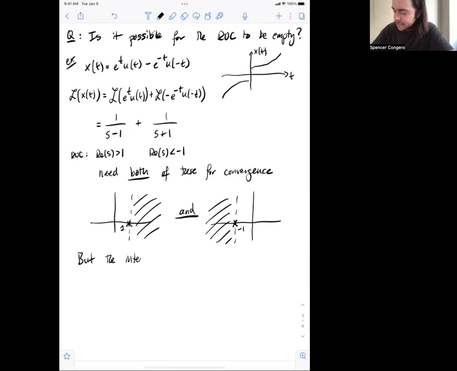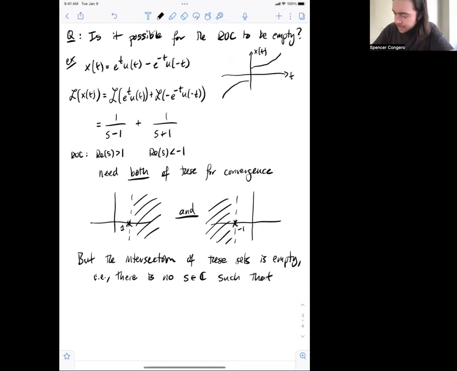The intersection of these sets is empty. In other words, there is no complex number s such that the real part of s is greater than 1 and the real part of s is less than -1.